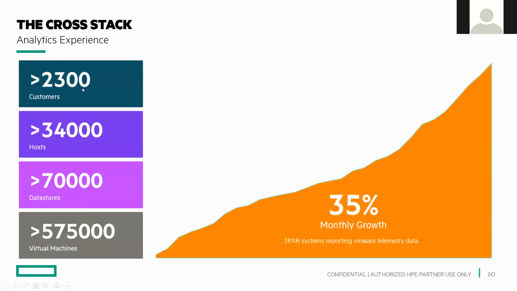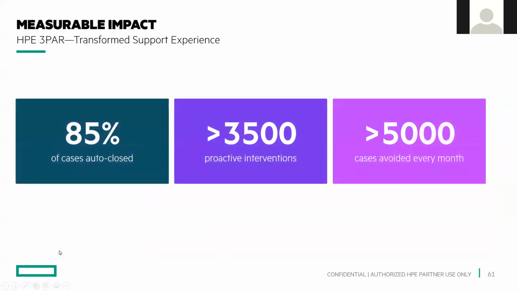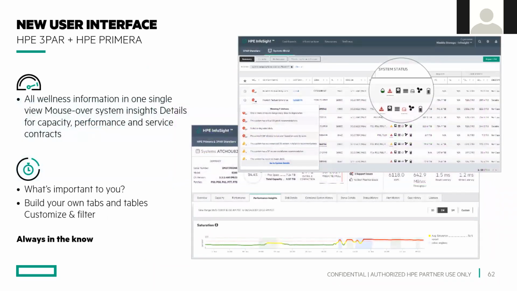A lot of 3PARs, a lot of hosts, a lot of data stores, a lot of virtual machines for 3PAR only. Nimble is more, and SimpliVity is catching up as well. Cases being opened, cases being closed, proactive interventions before there was a problem seen by the customer on the 3PAR. HPE could do preventive measures already on those 3PAR systems.